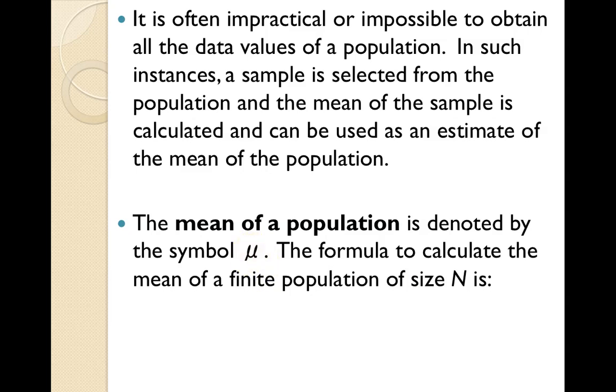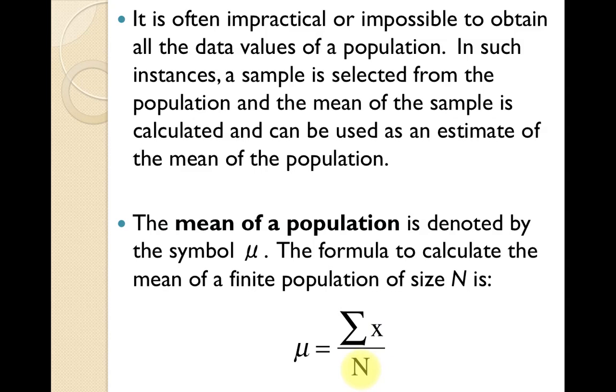The formula to calculate the mean of a population of size capital N is mu equals sigma x over N. Again, take the sum of all x data values in the distribution, which would be the entire population, and divide by N, the size of the population.